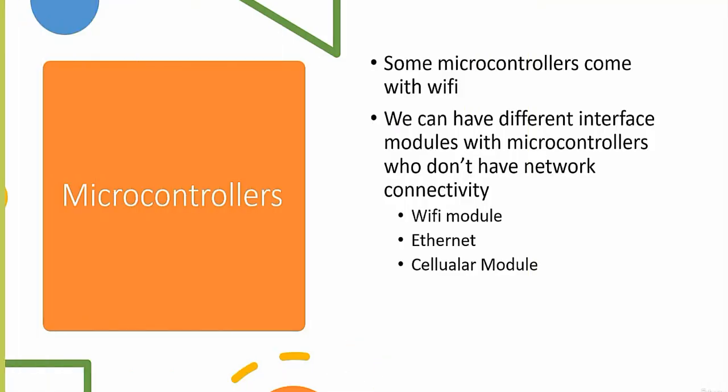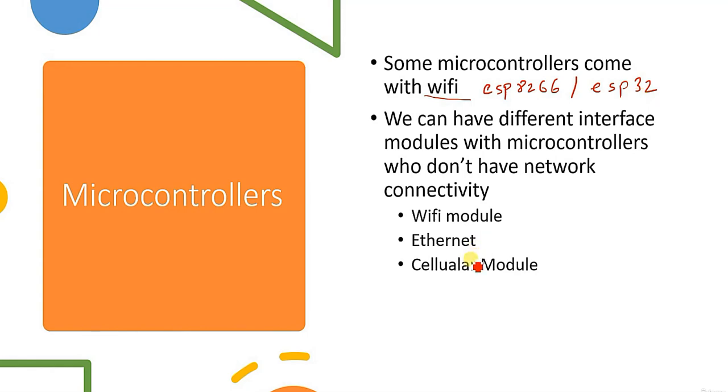If you are choosing some microcontroller, or if you do not have Raspberry Pi in your application and you have created your application on a microcontroller, then there is a possibility that the microcontroller may have onboard Wi-Fi. To give you an example, ESP8266 as well as ESP32 are very popular microcontrollers which have on-chip Wi-Fi which can connect with your local Wi-Fi network.